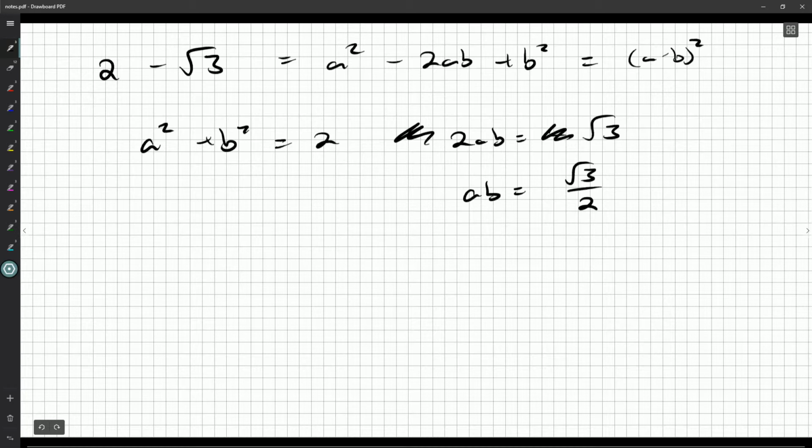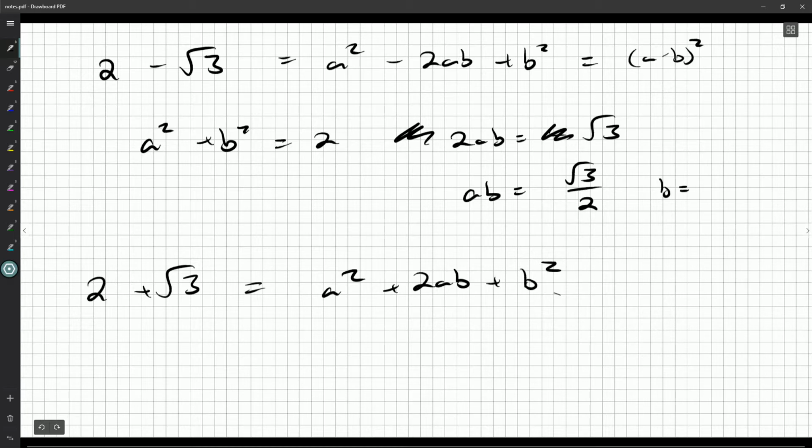Now, if I add 2 root 3 to both sides, I should get 2 plus root 3 is a squared plus 2ab plus b squared. But that shouldn't help because a squared plus b squared will still just end up being 2, and I don't have a nice way to deal with that.